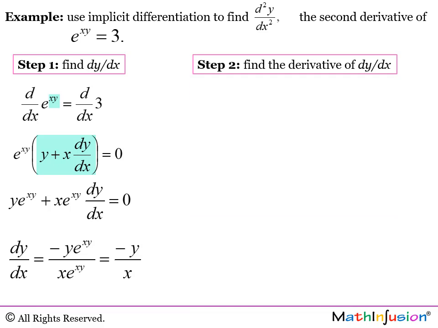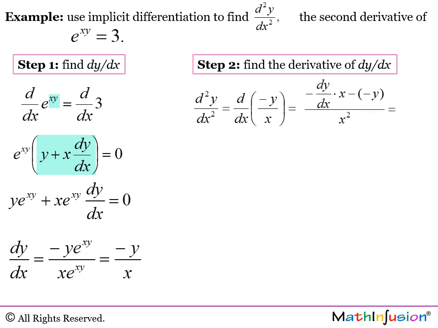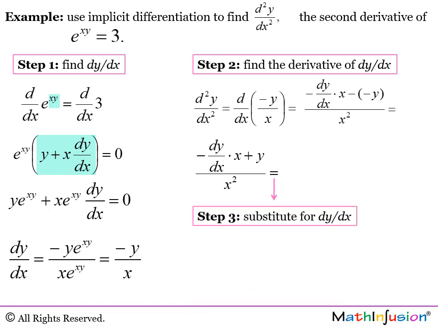Now we have to differentiate negative y over x. Again, this is a quotient rule, and we get that. The quotient rule, as before, also contains the dy/dx. So what I'm going to do now, I'm going to replace that by negative y over x.